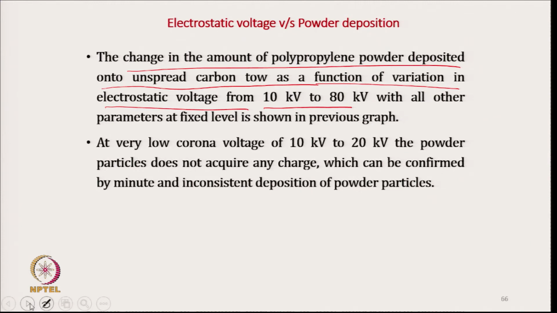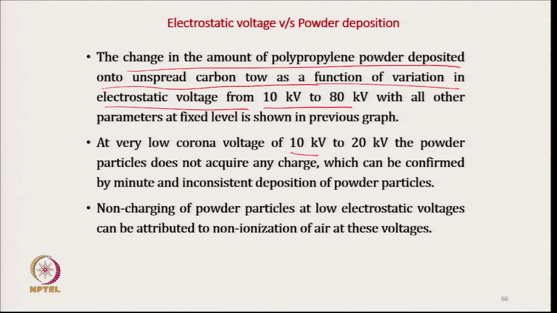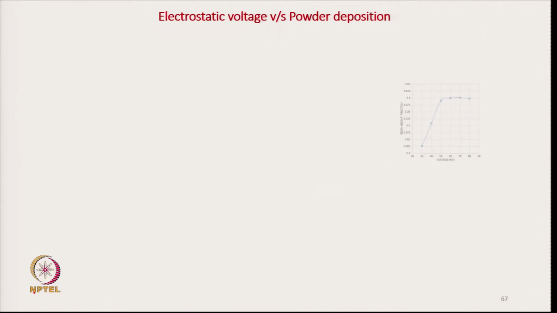At very low corona voltage, from 10 to 20, the powder particles do not acquire any charge, so inconsistent deposition was there. Non-charging of powder particles at low electrostatic voltage can be attributed to non-ionization of air at this voltage. That is why up to 20 there was no such deposition.